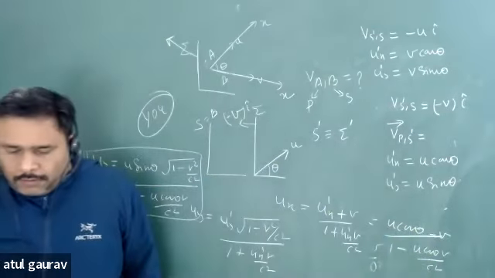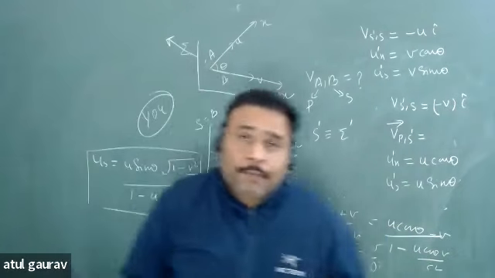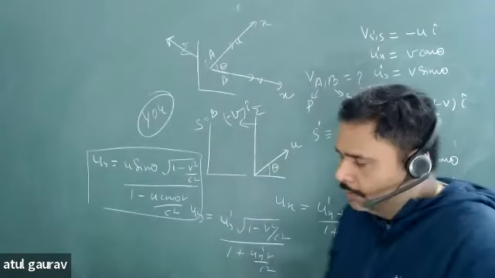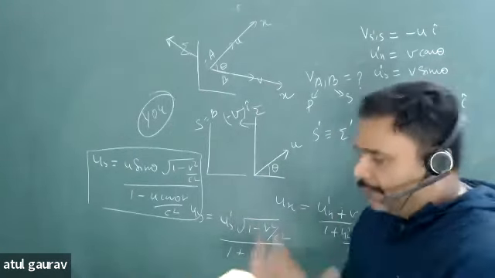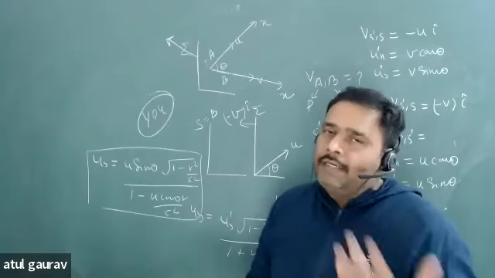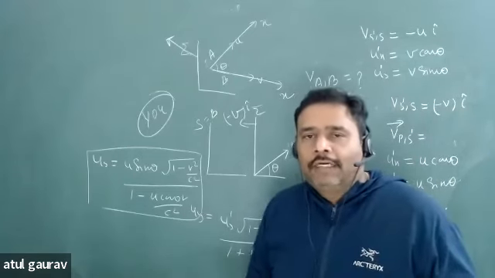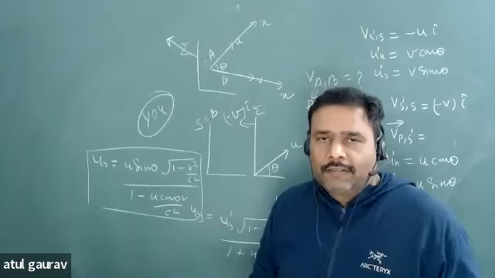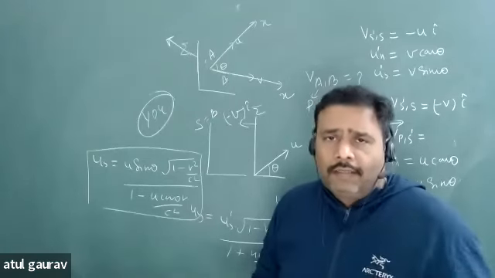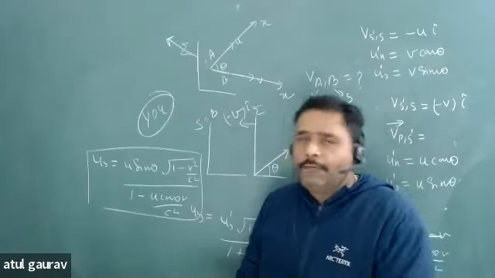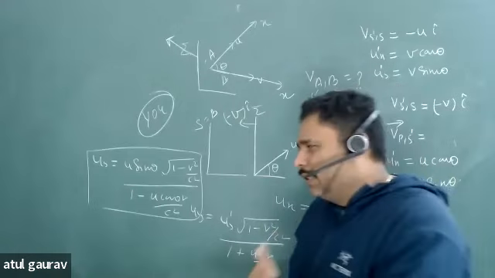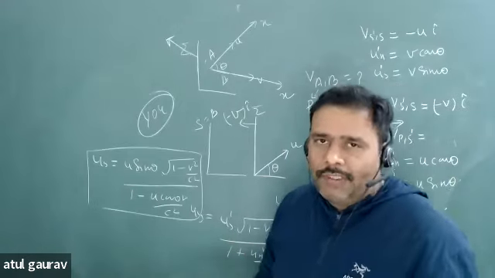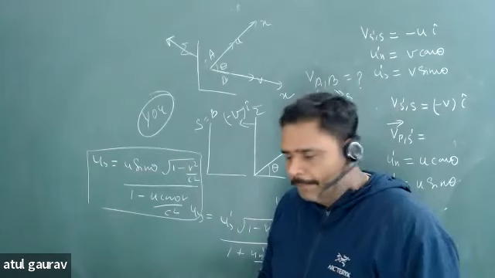So these are some problems of mainly relative speed, and you will see whenever STR comes, relative speed is the most important thing because it will come everywhere. You have to solve the speed of A with respect to B, and then calculate something.